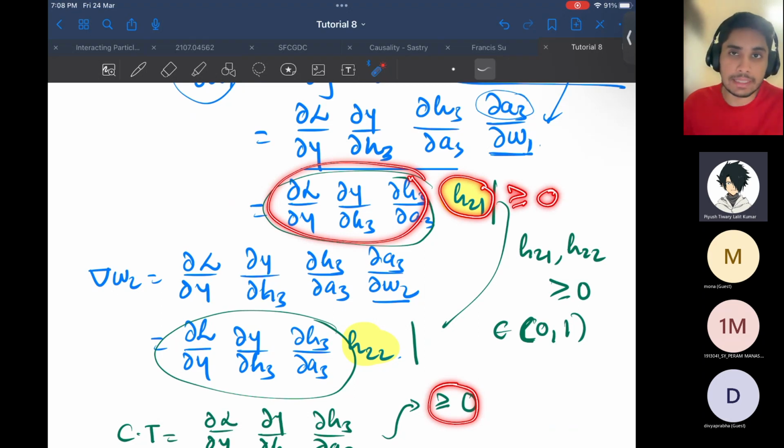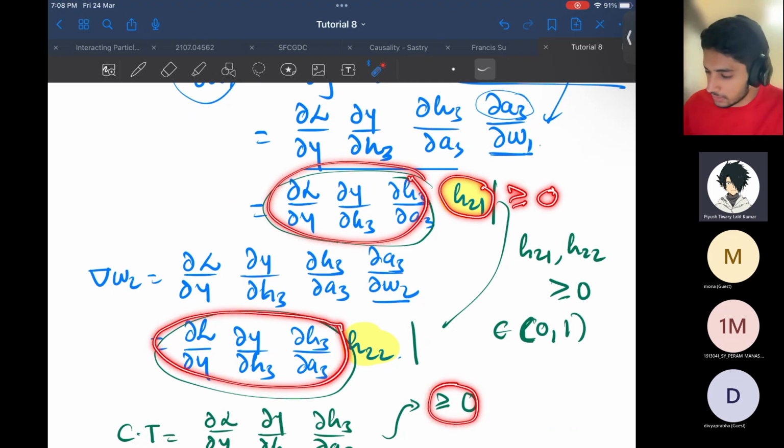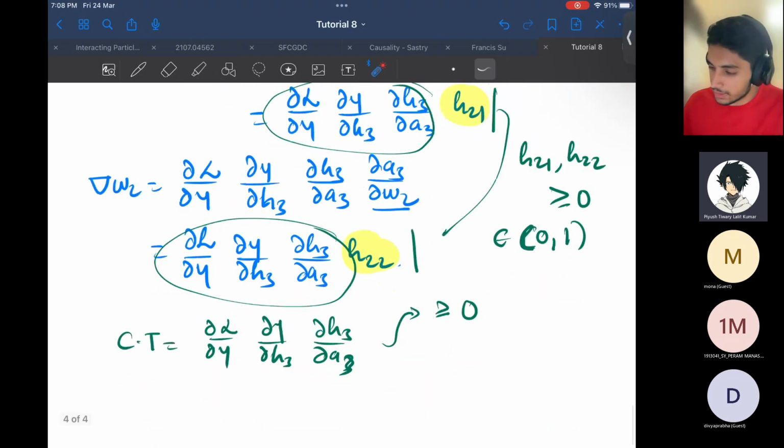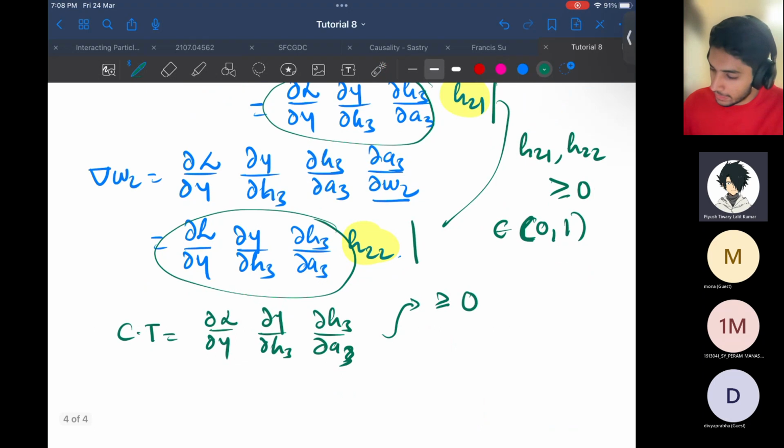The multiplication of two positive quantities is always positive. Similarly, this will also be greater than or equal to 0. So if this term is positive, then gradient of W1 and gradient of W2, both of them will be greater than or equal to 0.